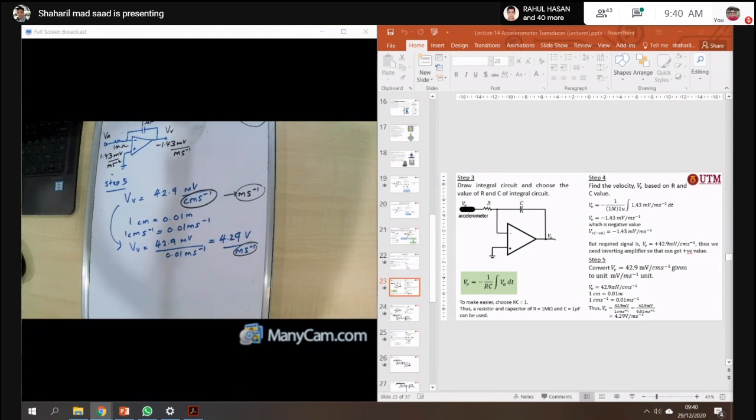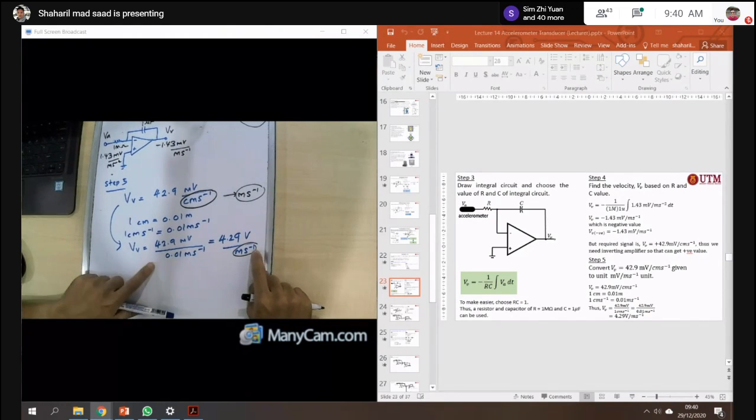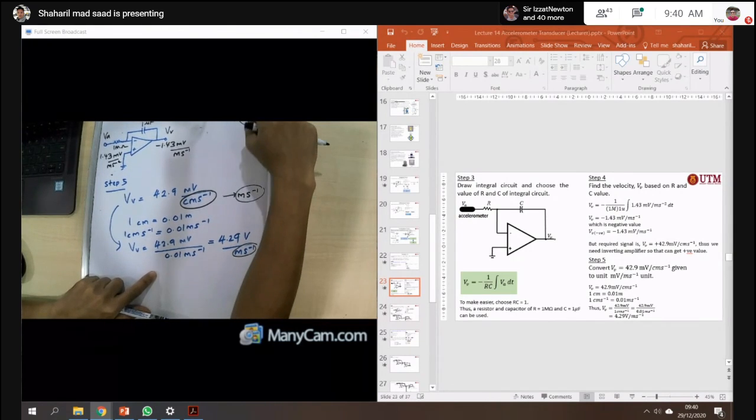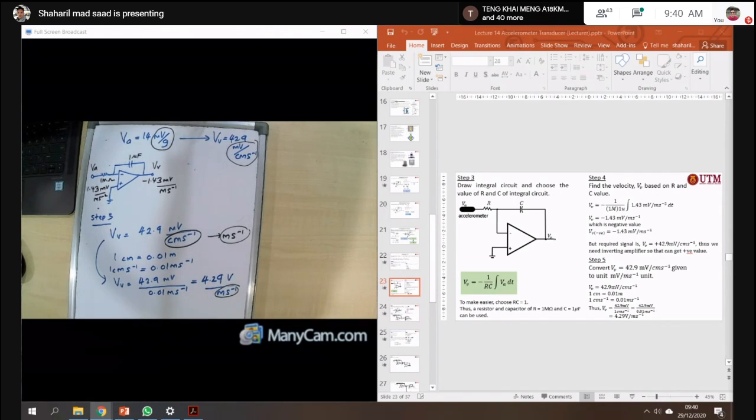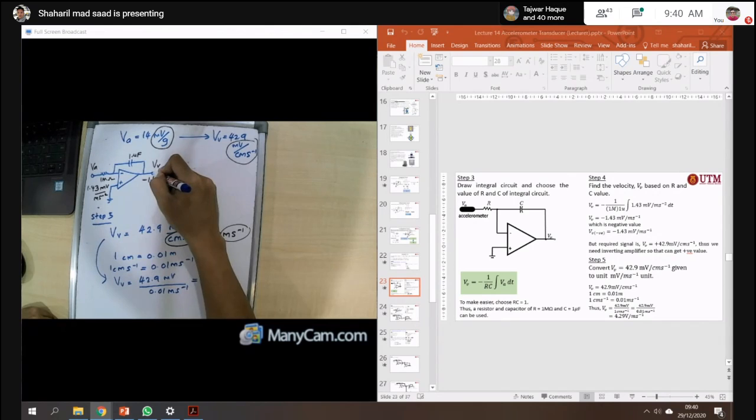Alright. So far, do you have any question? Quite easy. Okay. So we have converted centimeter per second into meter per second. Now you got minus 1.43, then you want to get 4.29.